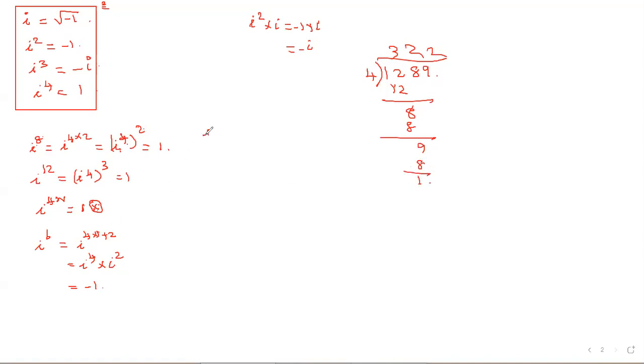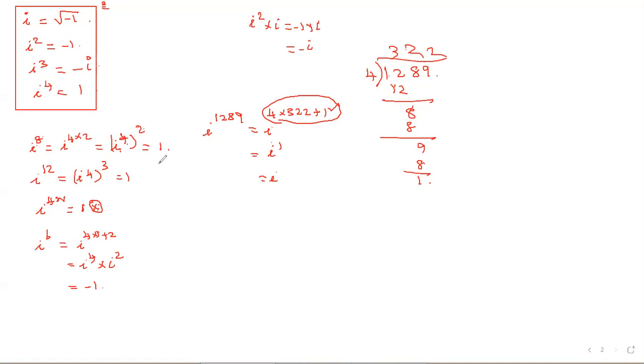So i power 1289 can be represented by i power 4 into 322 plus 1. You know 1289 is 4 into 322 plus 1. I power 4 into 322 is i power 4n, which is 1, into i power 1. So the answer is i power 1. So what you have to do is make the power in the form 4n plus something, ignore the 4n part, take only the remainder, and that is the answer.